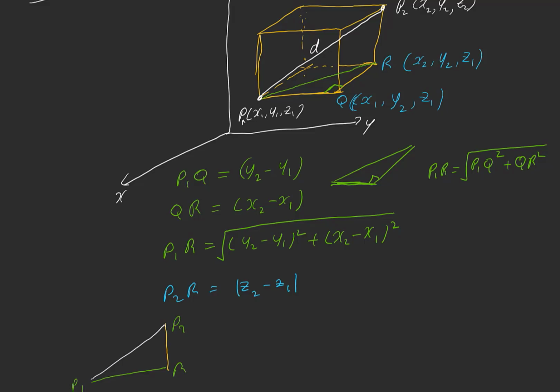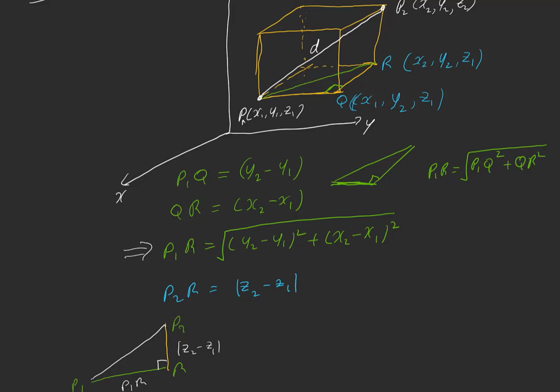We know these two are perpendicular, and we know this one is z2 minus z1, and this one we know, P1R, it is here. So we can use the Pythagorean theorem for this triangle now.